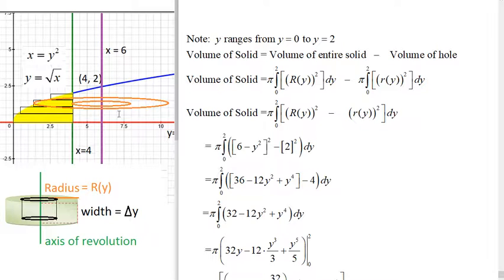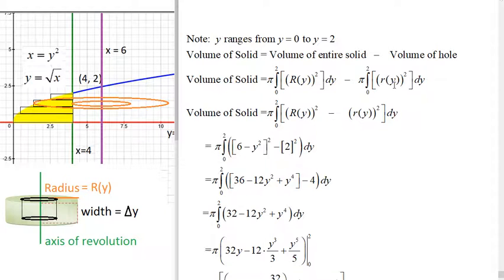And again, since we have a hole in the middle, to get the volume of the solid of revolution, we'll find the volume of the entire solid and then subtract the volume of the hole. And that will give us the volume of the solid that we want. The volume for the entire solid will be pi times big R of y squared dy.